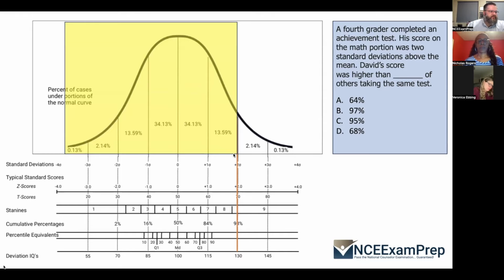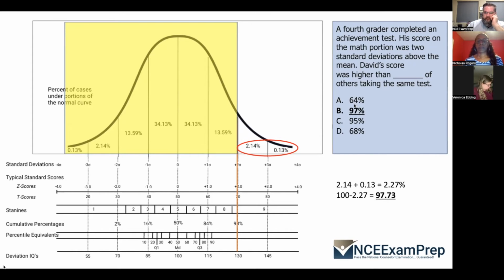If we add those together, we'd see we've got 2.14. We could add all these, or we could just add these ones: 2.14 plus 0.13. We're going for approximations here. And so this would be how we find that answer. Does that make sense?